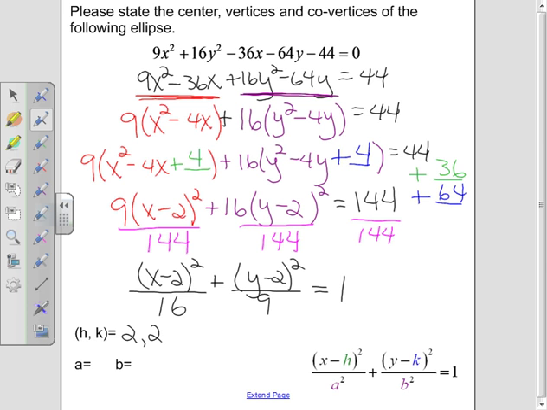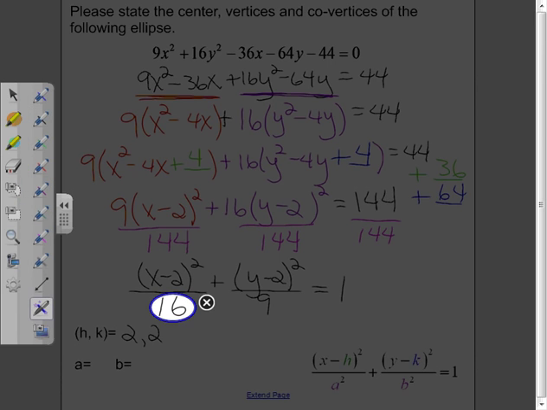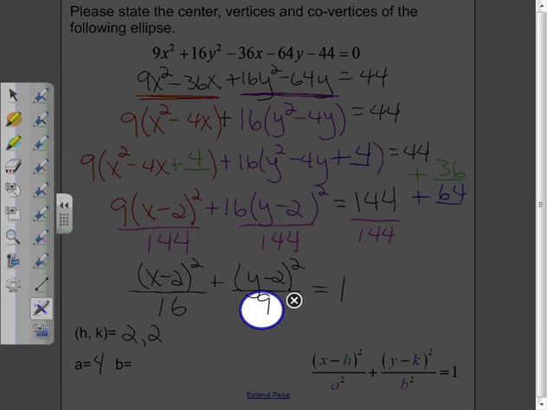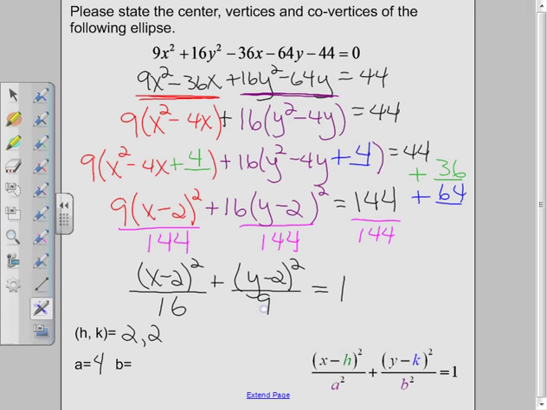And to determine a, I'm going to look here and realize that 16 is equal to a squared, so a must be equal to 4. And then I'm going to look here and see that 9 must be equal to b squared. So b is equal to 3.